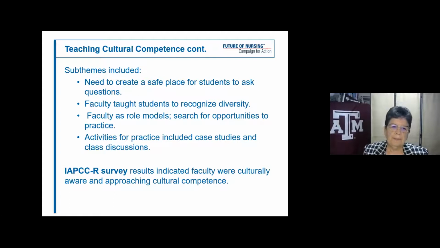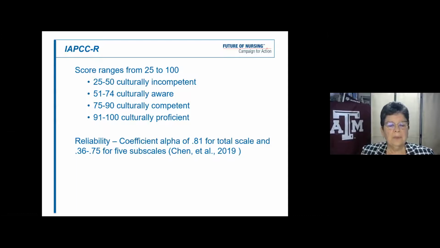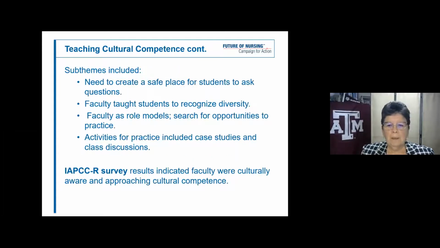So the IAPCC survey results indicated that faculty were culturally aware and approaching cultural competence. And if we look back at the range of culturally competent, that was in the range of 75 to 90, where they rated.